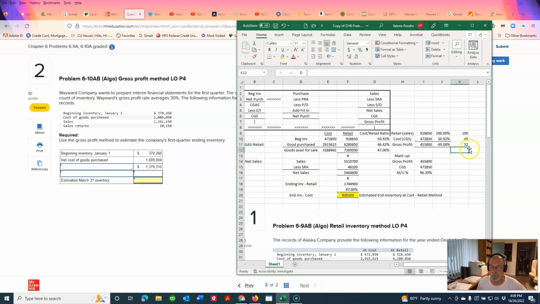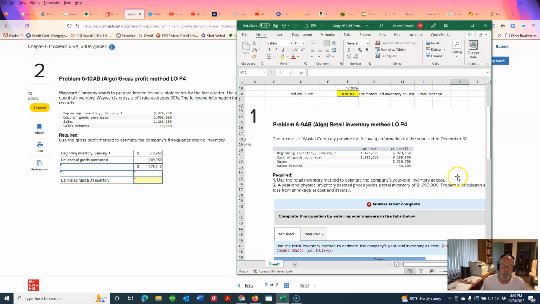In other words, the total of the gross profit percentage plus the cost of sales percentage must always equal the sales percentage, which is 100%. And of course, that's generally going to be net sales. And net sales is always sales less sales returns and allowances and less sales discounts. Okay, so that's a real quick refresher.